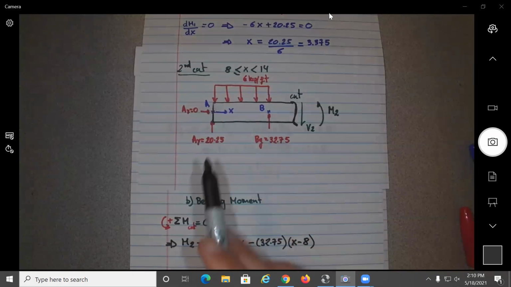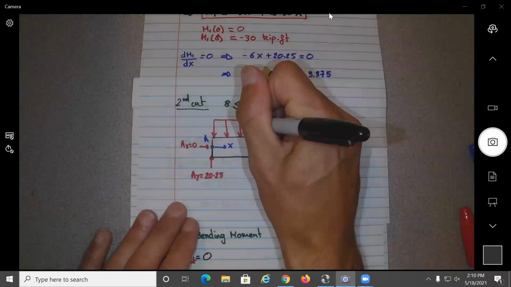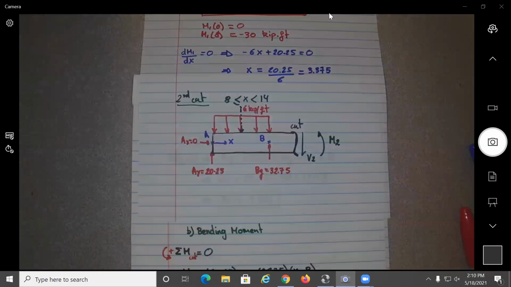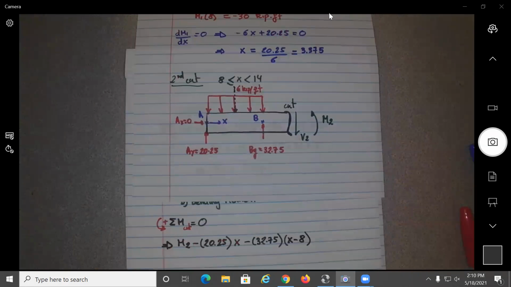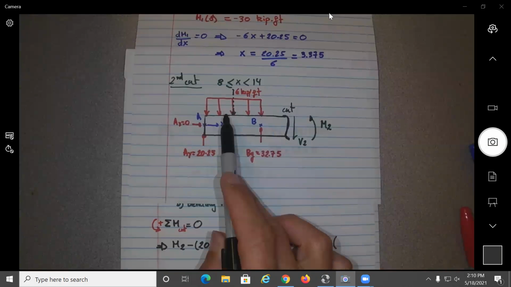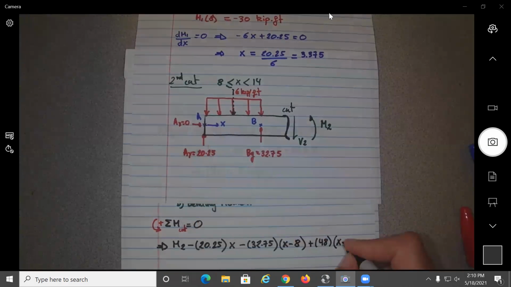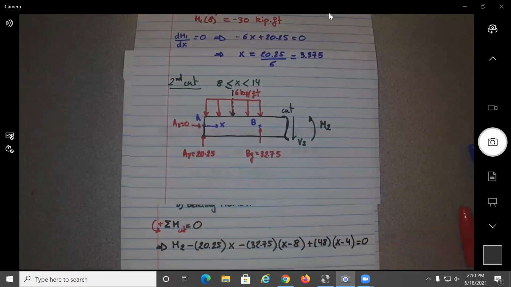And now the moment created by the distributed load. We can replace this force by one in the middle of value 48. We know 6 times 8, 48. So that moment will be positive. And now what would be the distance between this force and this one? It will be X minus 4, no? Yeah. So X minus 4 equal to 0.